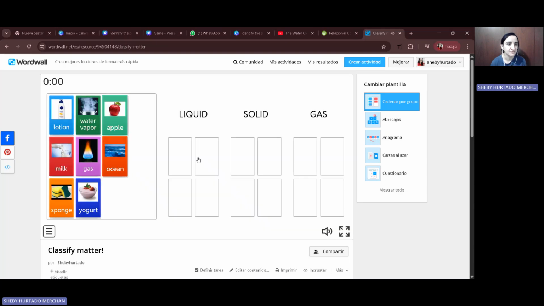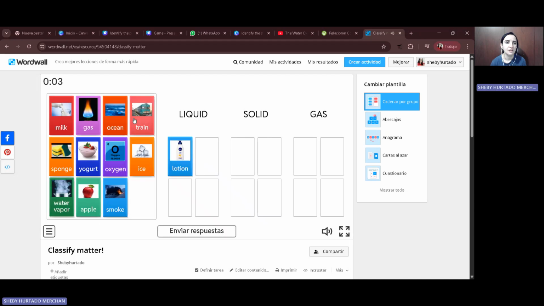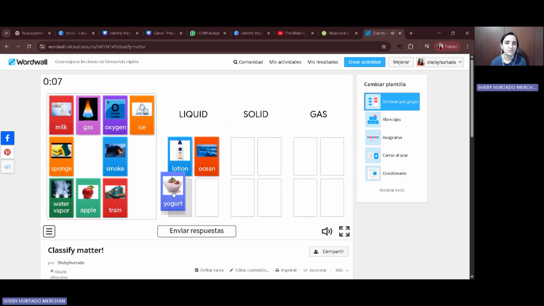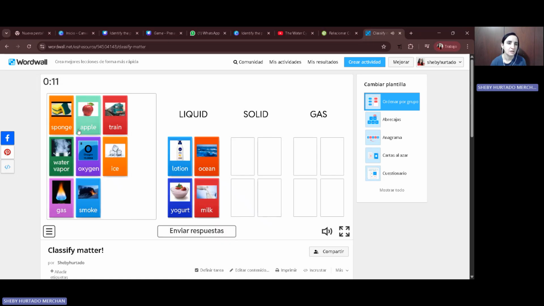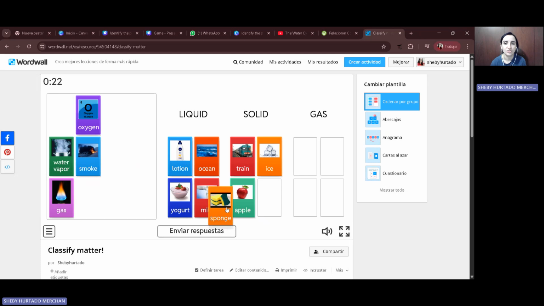Okay, let's begin. Liquids: lotion, ocean, yogurt, and milk. Solids: the train, the ice, and the sponge.